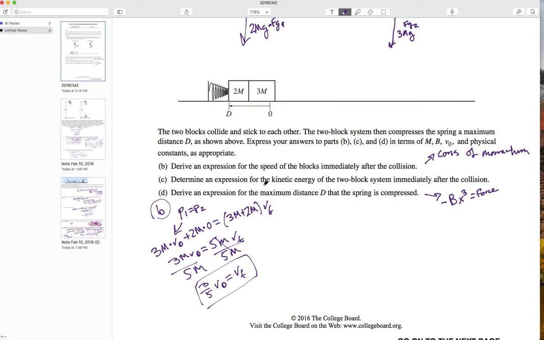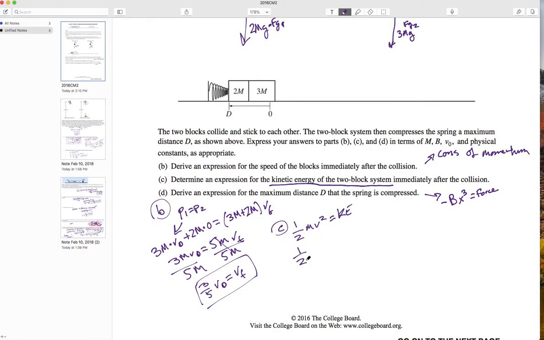Now the question is, what's the kinetic energy of the two-block system immediately after the collision? Well, we know the speed of the two-block system, so the kinetic energy, which has to be in terms of V0, can be determined by that equation. So how do we plug things into that equation?